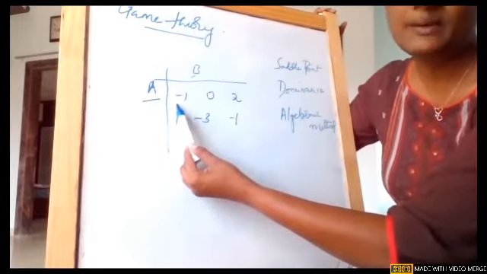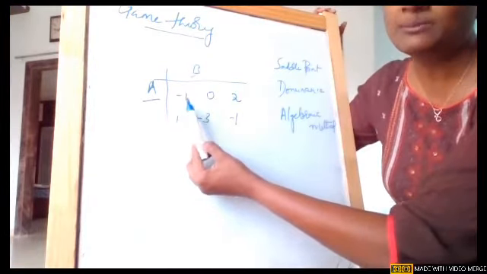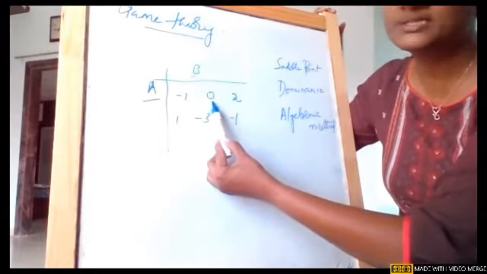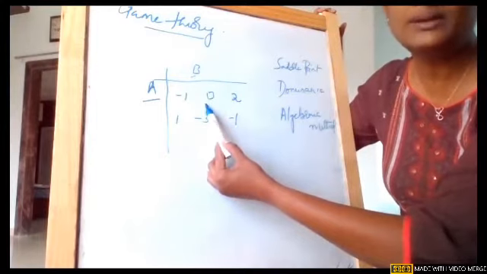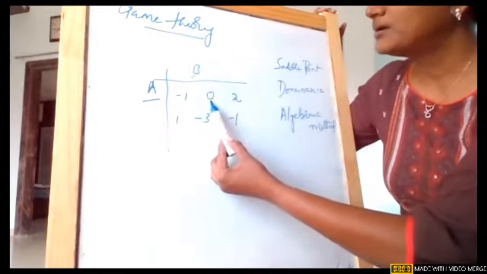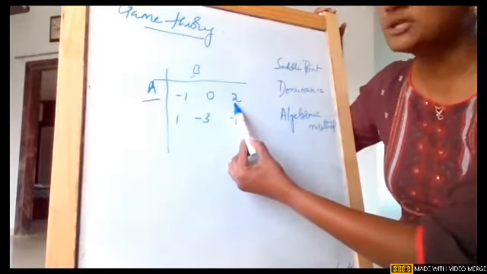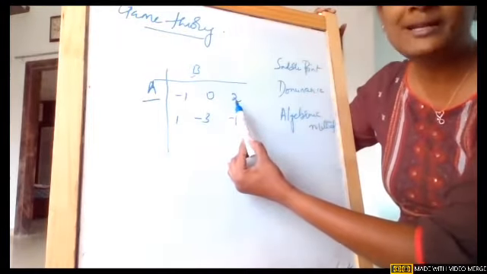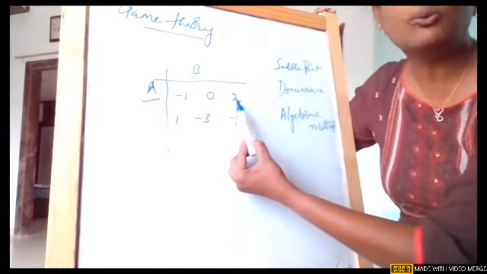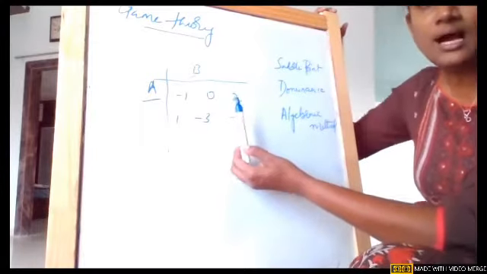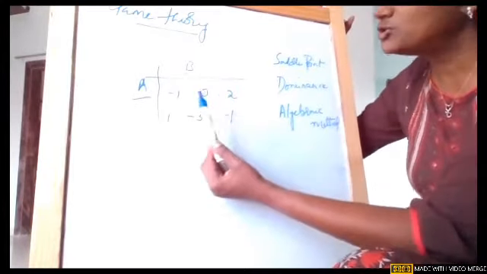Understood, girls? Player A lost the game with 1 point. Obviously, 0 represents a draw between player A and player B. When I see the positive value, which is 2, player A won the game with 2 points.